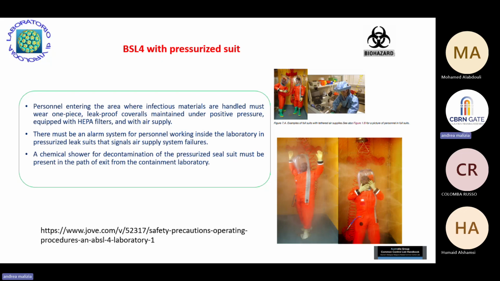It's very important before working in BSL4 to check the suit completely, because if you work in BSL4 without checking the suit and the suit is broken, it's a problem, okay. Generally working in pairs. Yes.